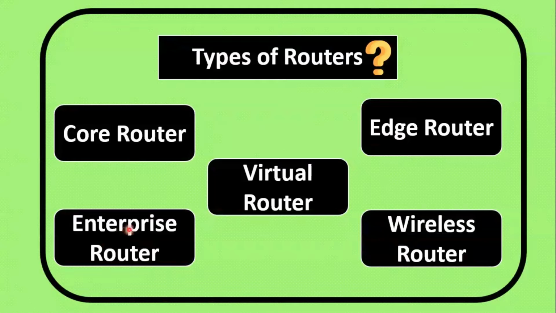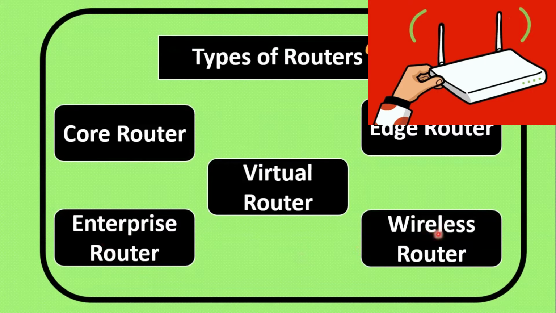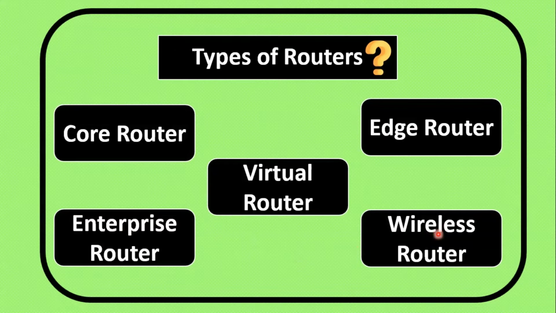This enterprise router we can use in enterprise network solutions, and it has the capacity to carry high capacity routes. A wireless router, as the name itself says, is for wireless internet connectivity and Wi-Fi solutions. A virtual router is a software function that acts as a hardware router.